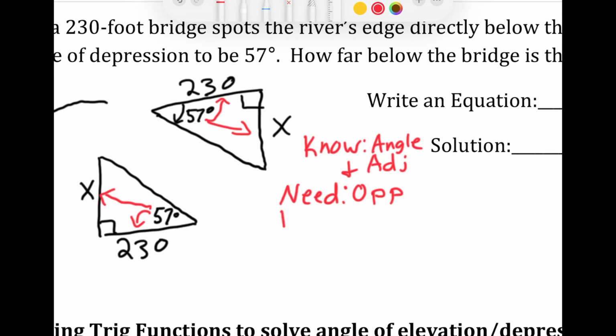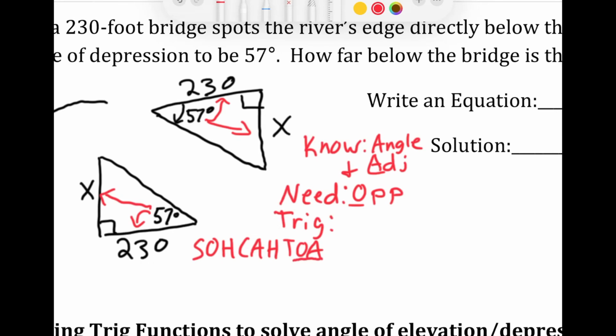Once we know our known information and our information that we need to find out, we can find out what our trig function is going to be. So we have SOHCAHTOA, we have an O and an A involved.